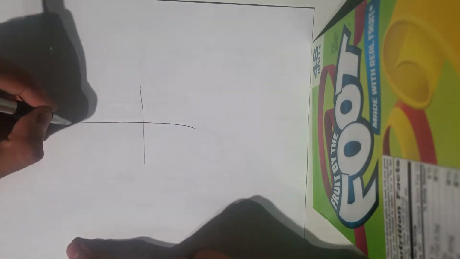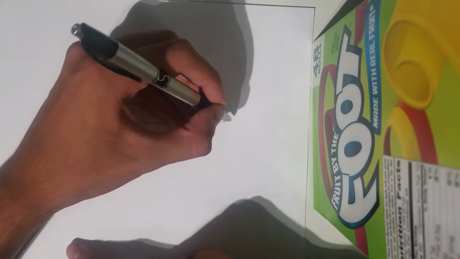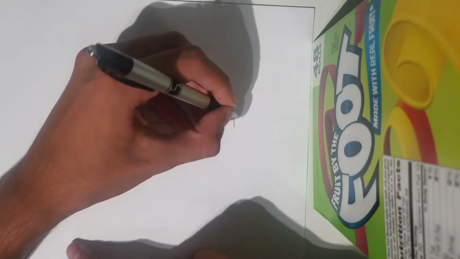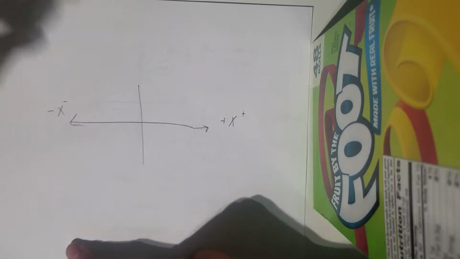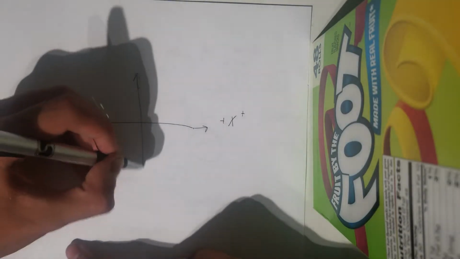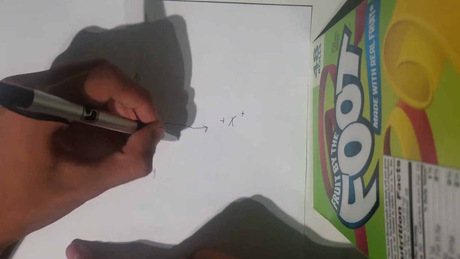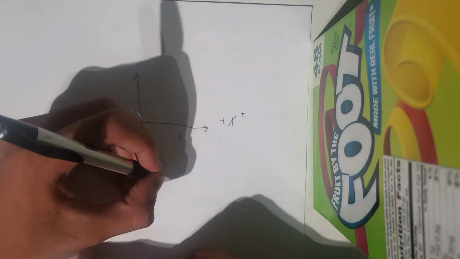Okay, so let's explain limits. At least how I interpret it, limits are basically like this: you have a graph with positive x values, negative x values, and positive and negative y values.